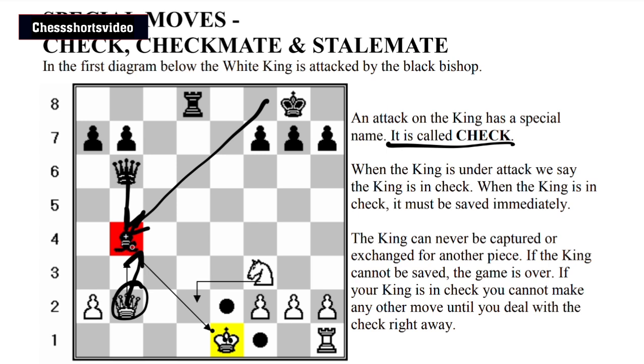Because the bishop is 3 points and the queen is 9 points, you cannot lose 6 more points. So there are two ways to save your king, either in this position, which is f1, or I think this is e2. In such a way you can save your king.